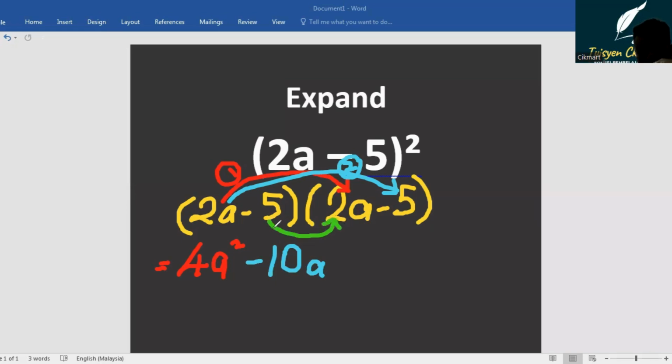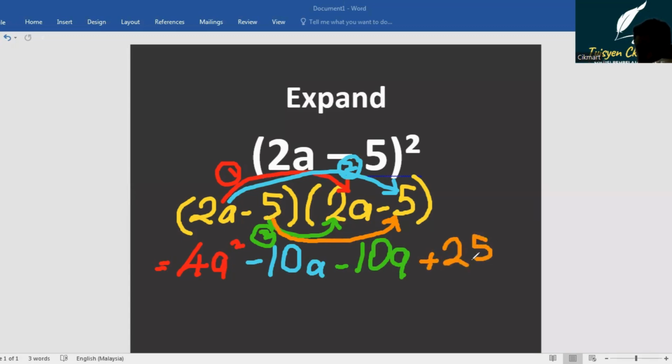The third one is in green, negative 5 times 2a, which comes to negative 10a, and lastly the orange one, negative 5 times negative 5, negative and negative becomes positive 25.